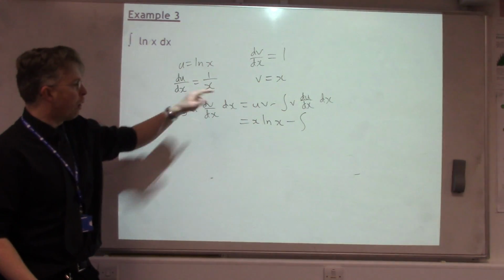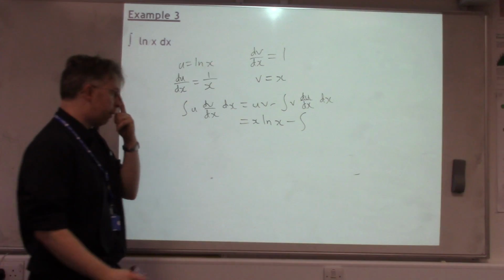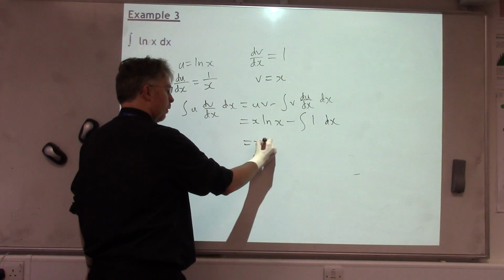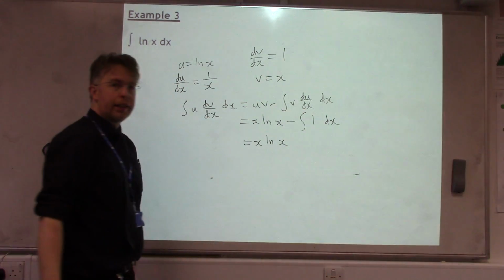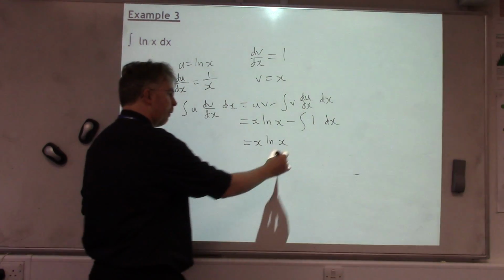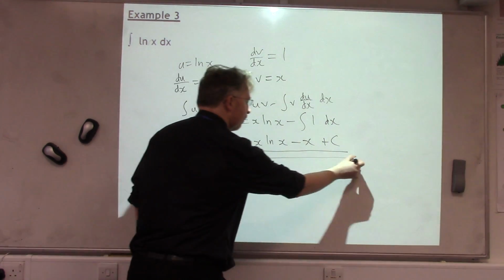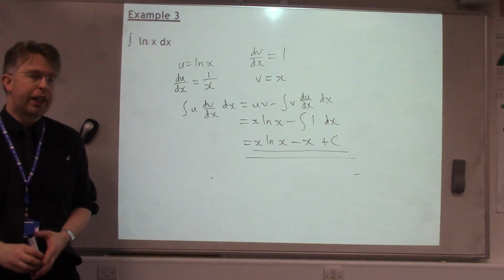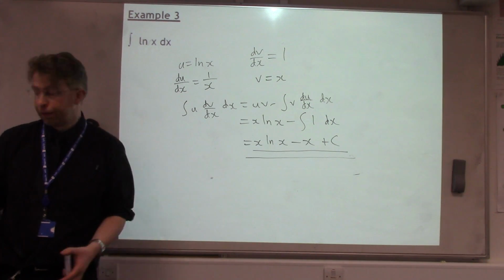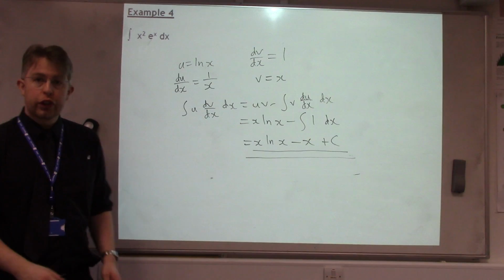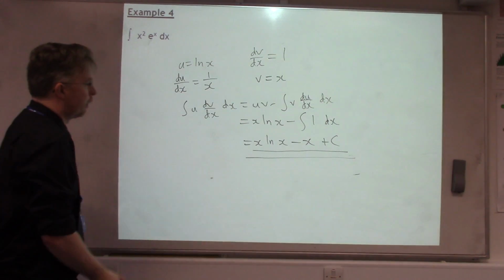So x times 1 over x, the x's cancel and we just get 1. And the integral of 1 is simply x, so we get x ln x minus x plus c. So that's a special case that you should learn and know. Two more examples.